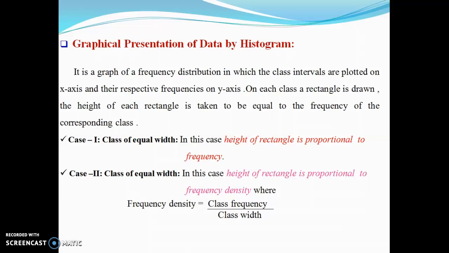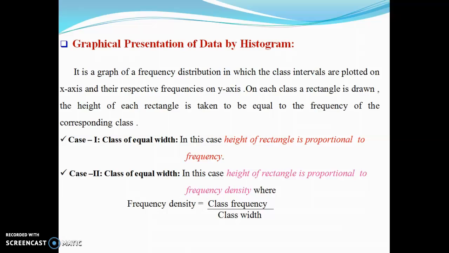It is a series of adjacent rectangles on the x-axis with class intervals as base. Hence, with a rectangle equal to class width, the area of the rectangle is taken as proportional to class frequencies.